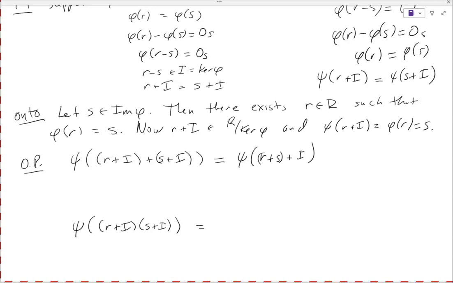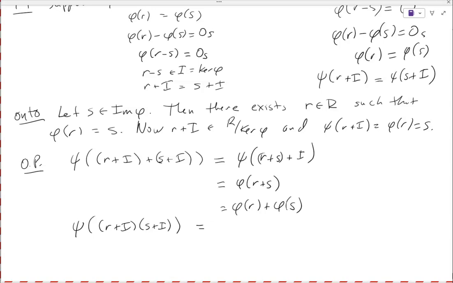And now, according to the definition of psi, what does that equal? Phi of R plus S. Good. And what kind of object is phi? So how can we rewrite that part? Yep.